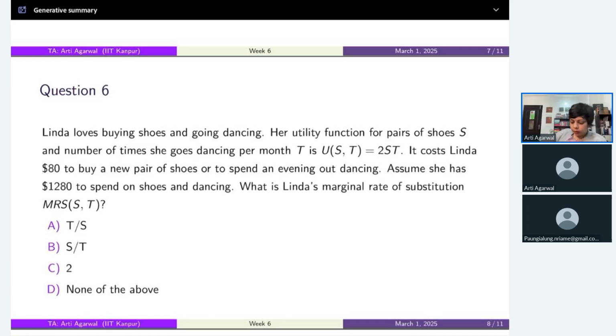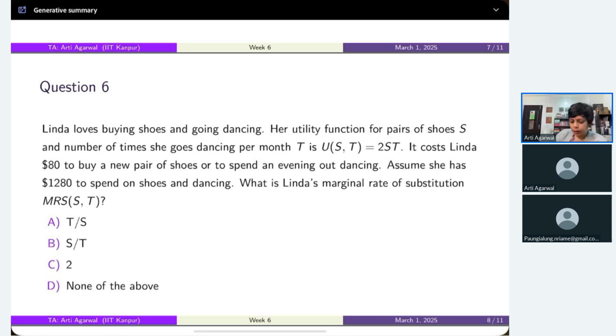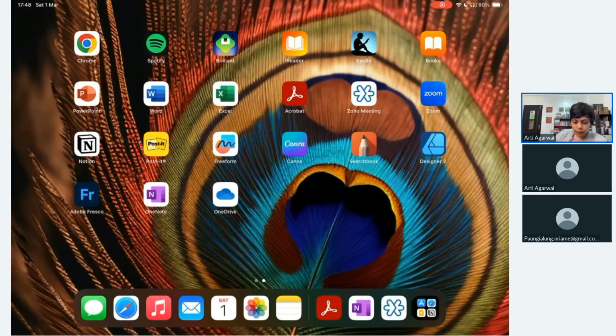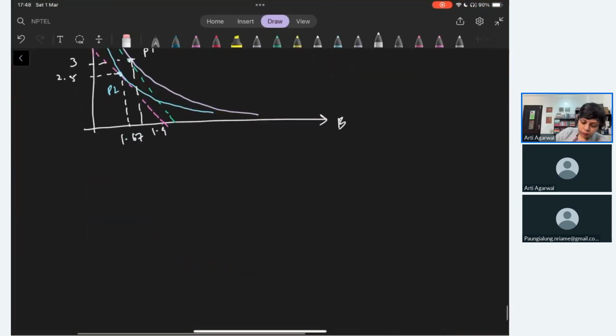Let me quickly solve this Linda problem once again with time. I did it last year and I'll take that up because we have a few minutes left. So we are taking a time constraint.